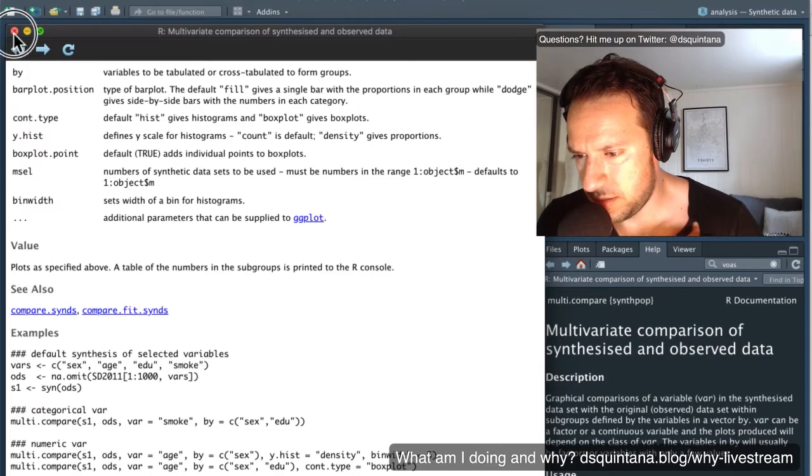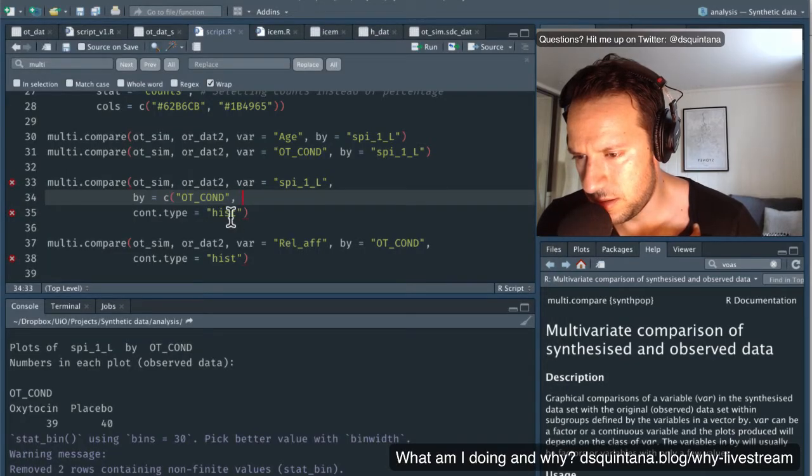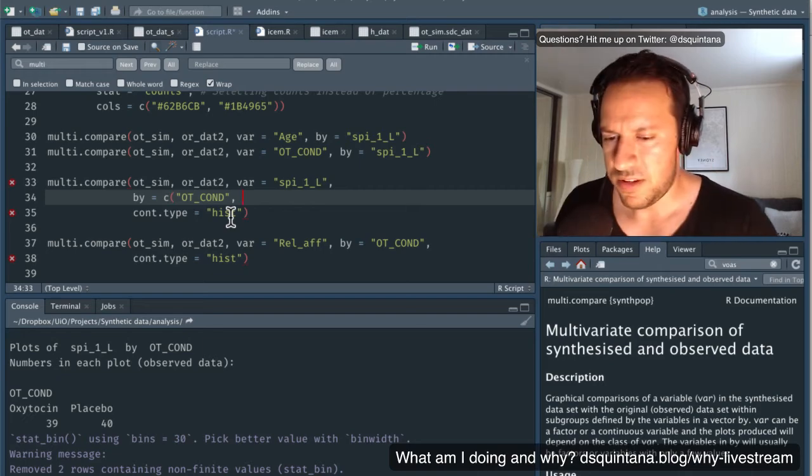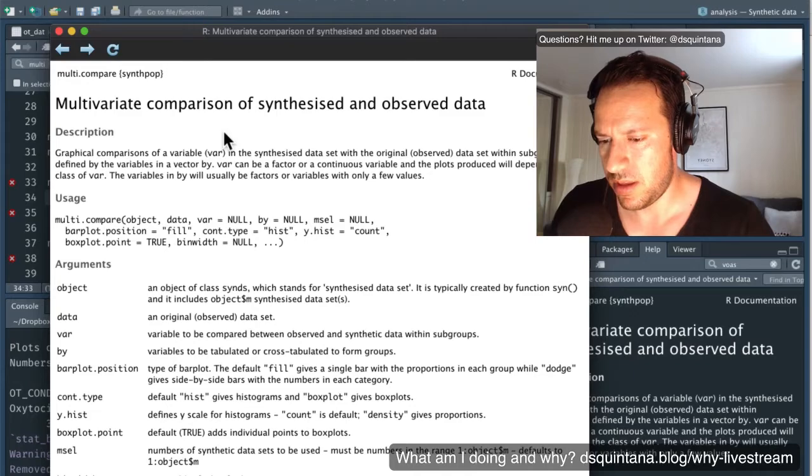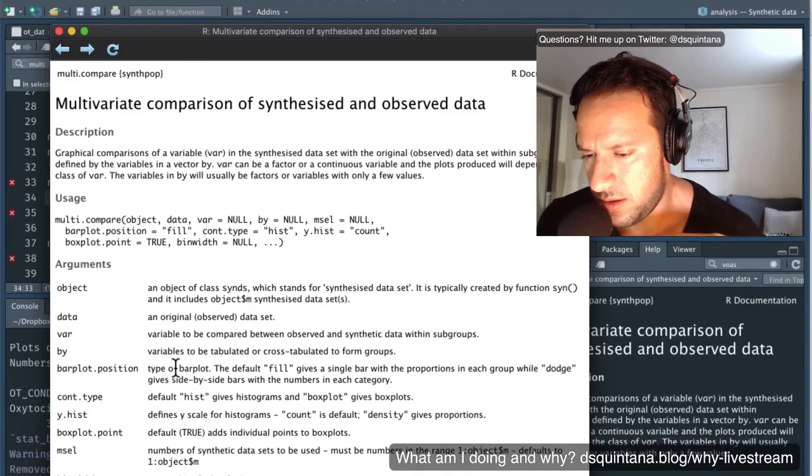It looks like that needs to be continuous or categorical variables.